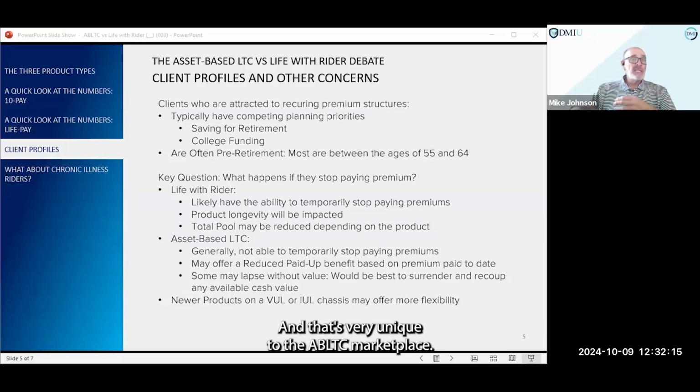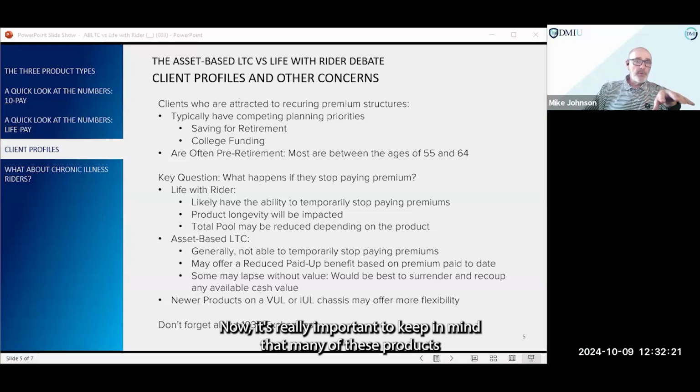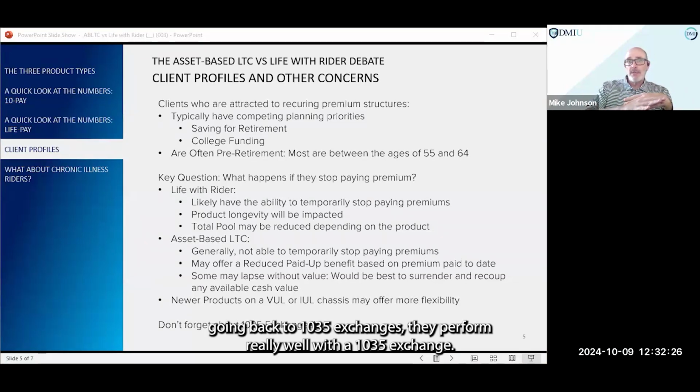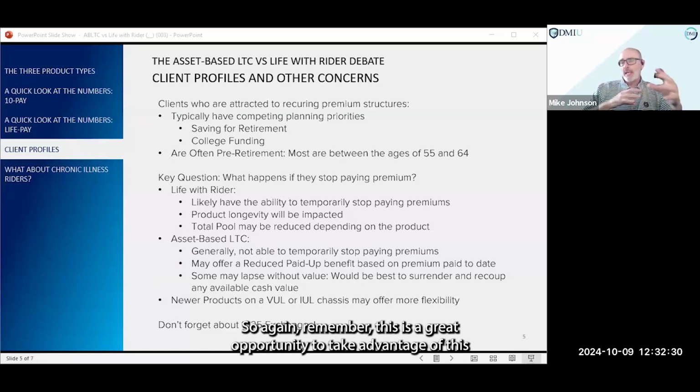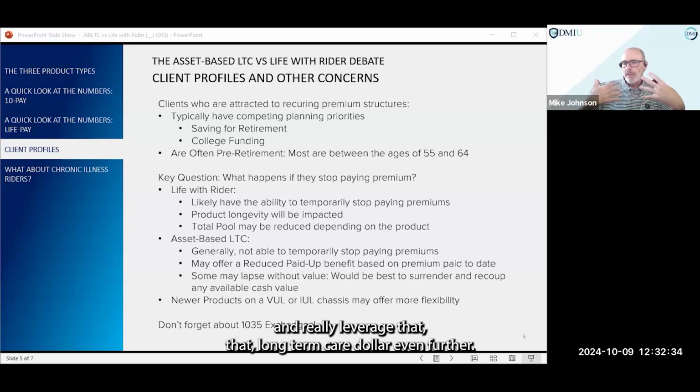And that's very unique to the ABLTC marketplace. Now, it's really important to keep in mind that many of these products, going back to 1035 exchanges, perform really well with a 1035 exchange.